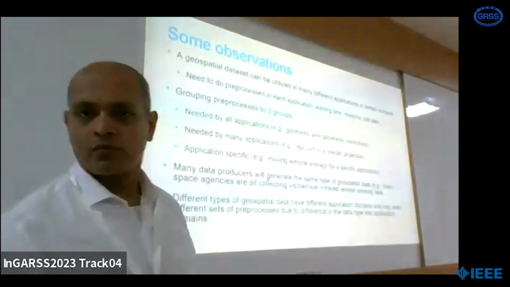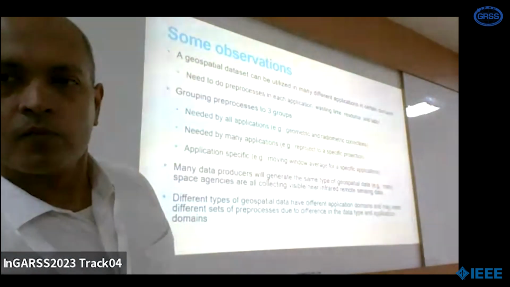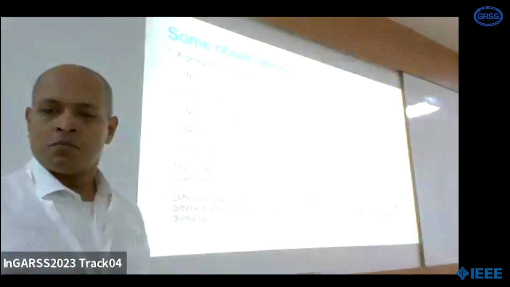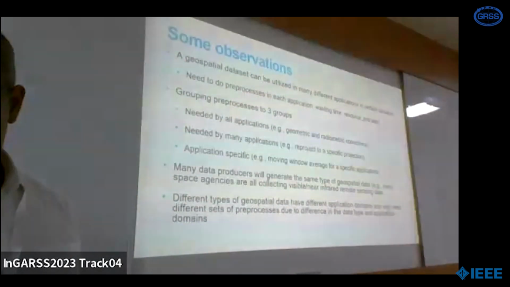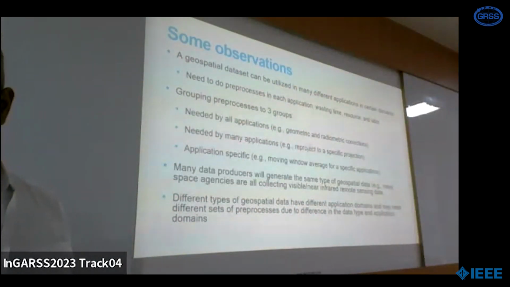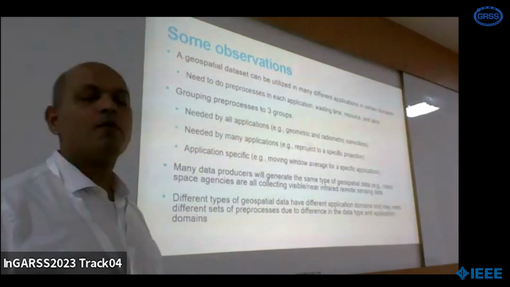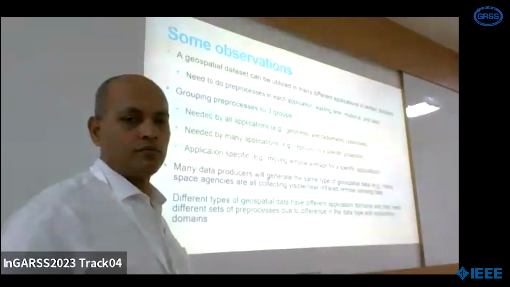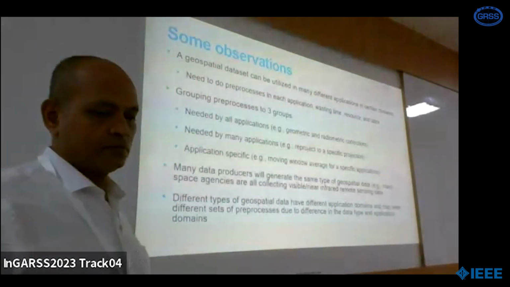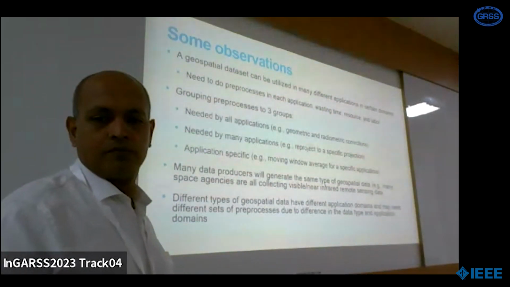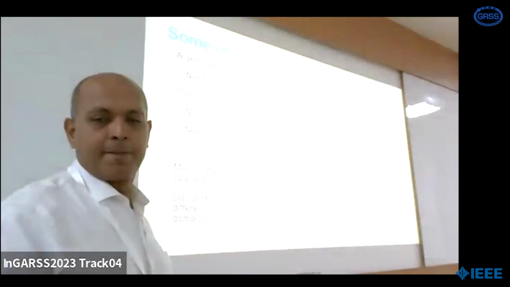It's repeated work, because when one person uses a data set for his application, he does the pre-processing. Another time, someone uses the same data set for another application, and he also does the pre-processing. So basically we have repeated pre-processing, which wastes time, resources, and labor.